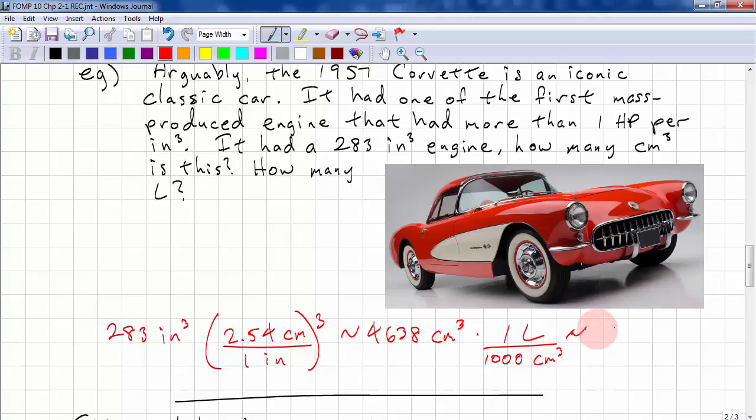And that just means we move the decimal place over 3 times. 1, 2, 3, so we get 4.64 liters.